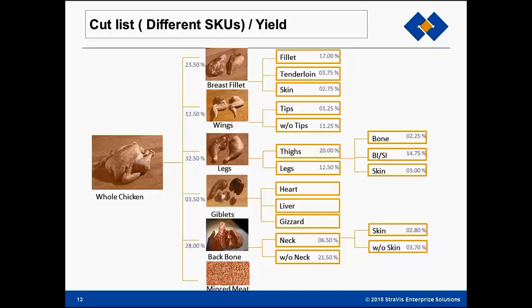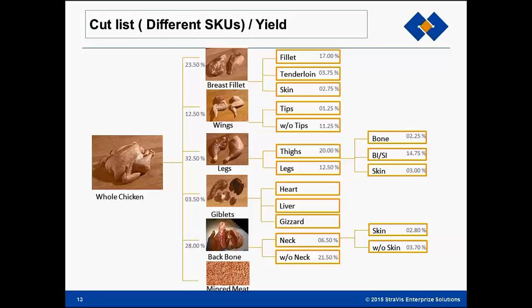Breast fillet consists of about 25% of the whole chicken. Wings about 12.5%, legs 32.5%, giblets 3.5%, and backbone, etc. will be the balance percentage.